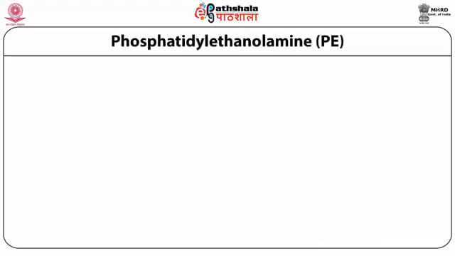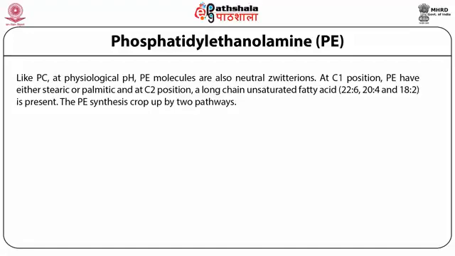Phosphatidylethanolamine, like phosphatidylcholine, is at physiological pH a neutral zwitterion. At the carbon 1 position, phosphatidylethanolamine has either stearic or palmitic acid, and at the carbon 2 position, a long chain unsaturated fatty acid is present. The synthesis of phosphatidylethanolamine takes place by two pathways.